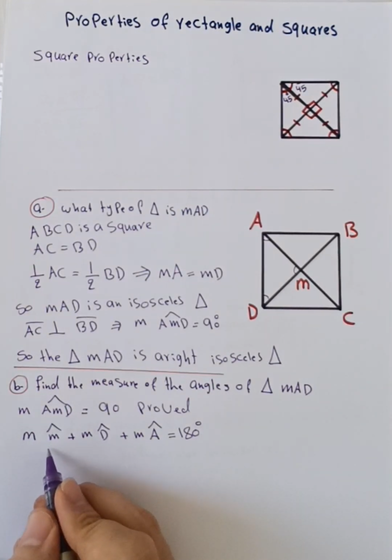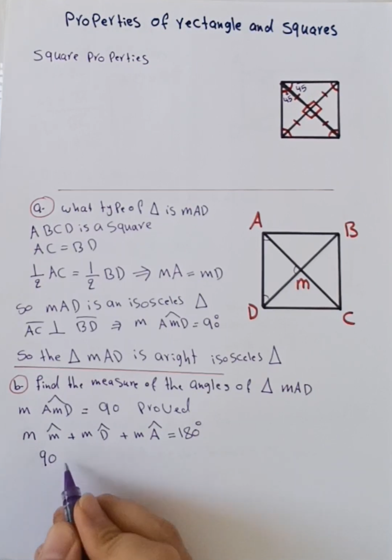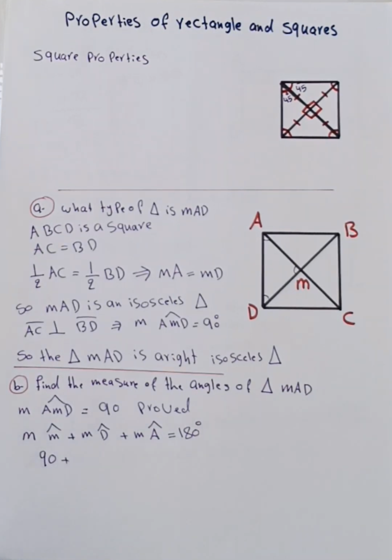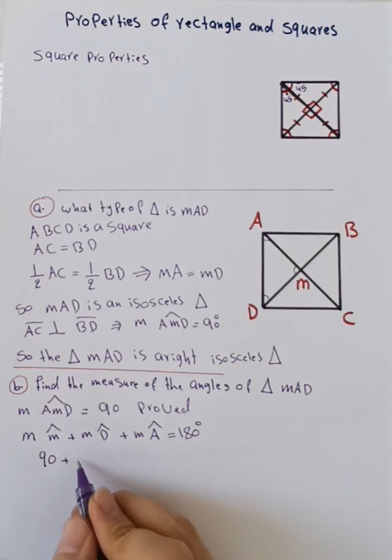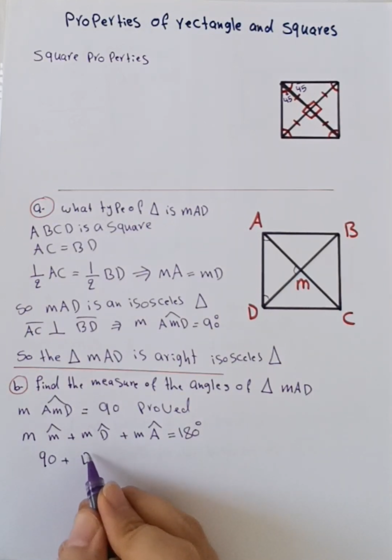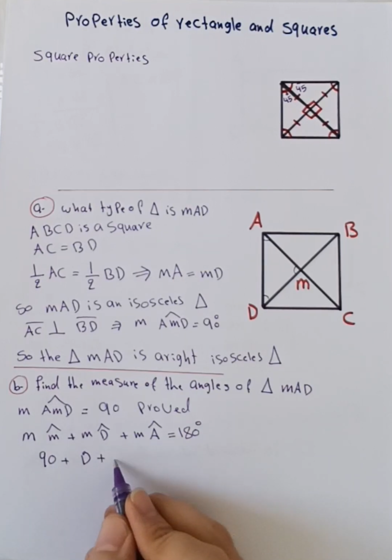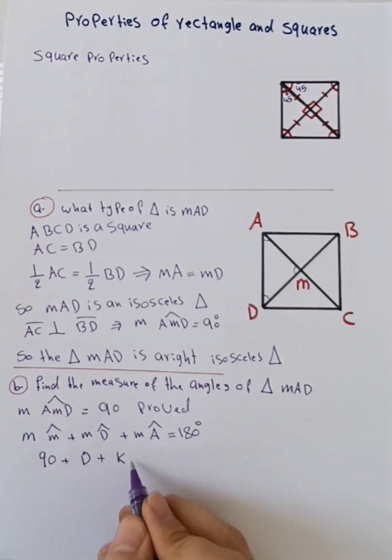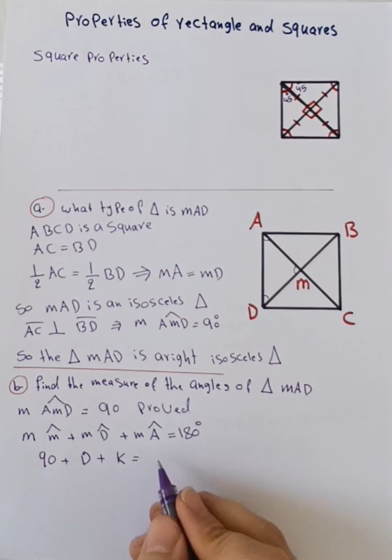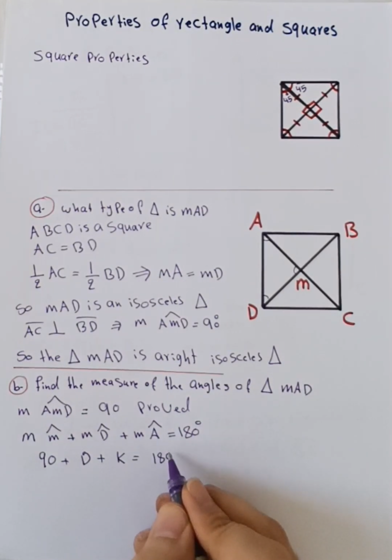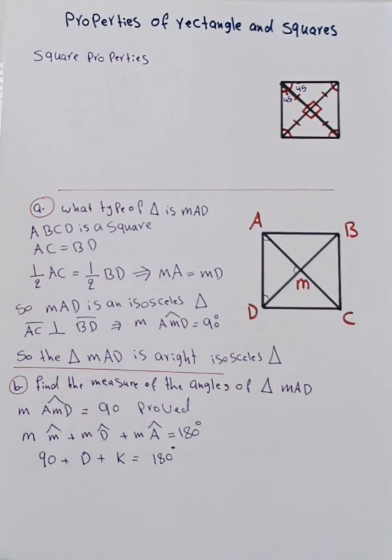So the measure of M is 90, plus the measure of D, which we don't know, and the measure of A, which we don't have the value for, equals 180.